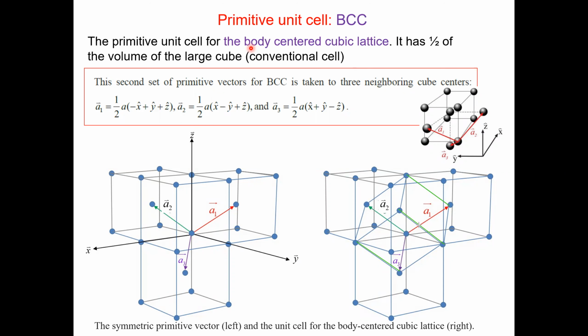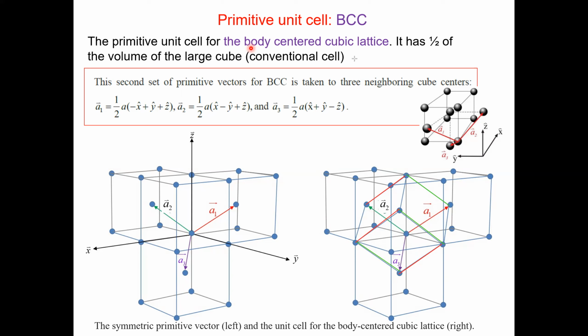Or you can translate all these three vectors all around the space. So you connect one lattice to another and parallel to A1. So you have something like that, right?